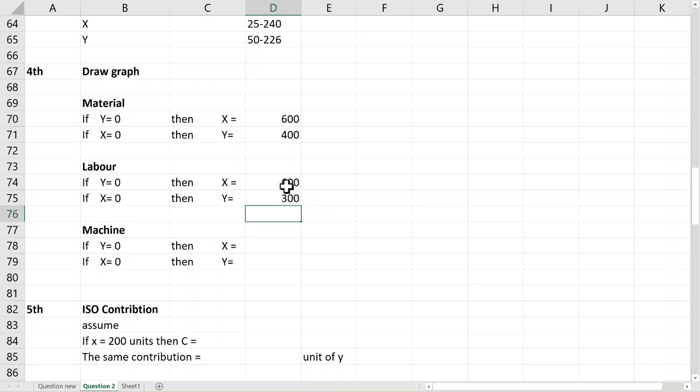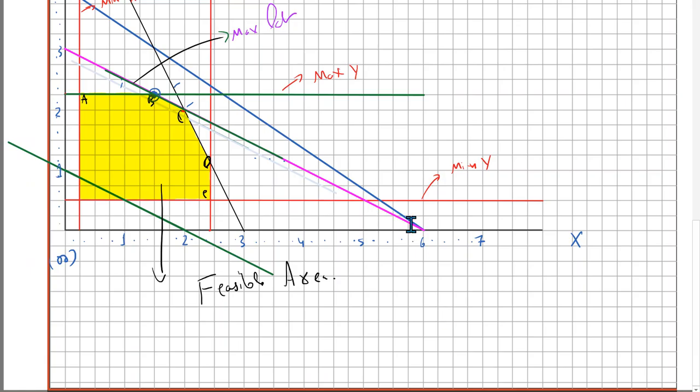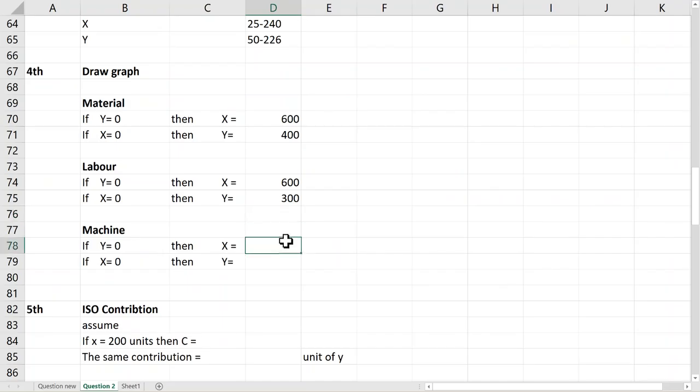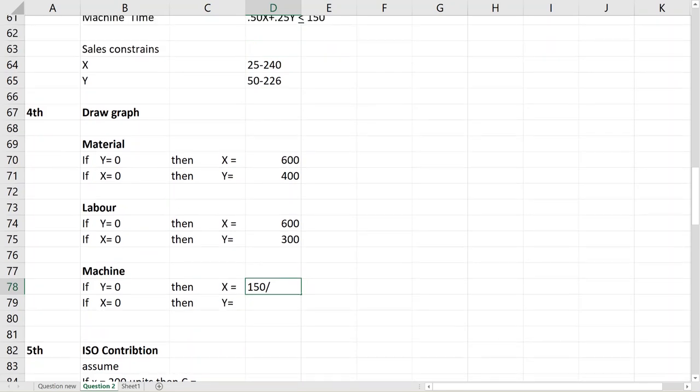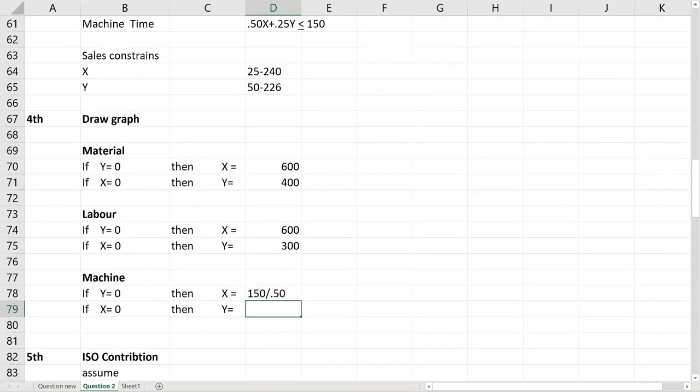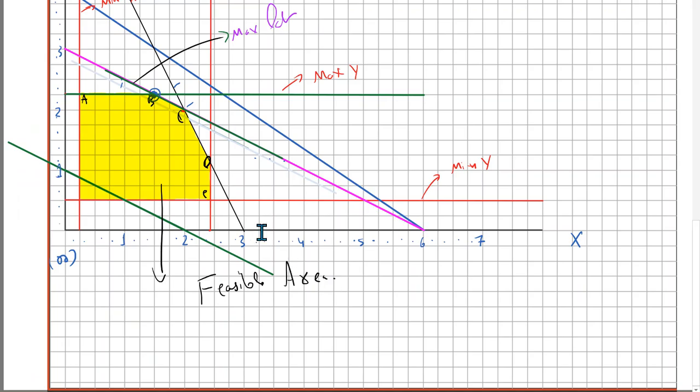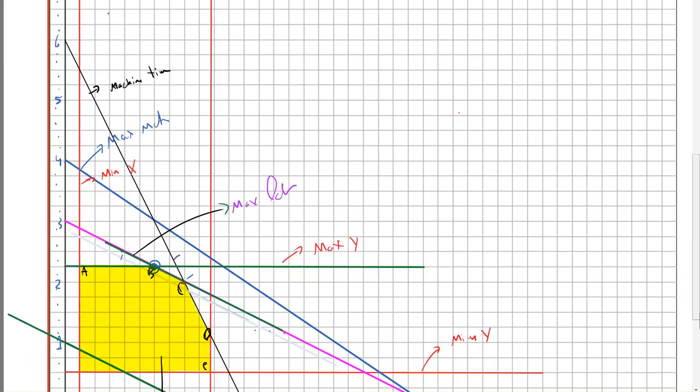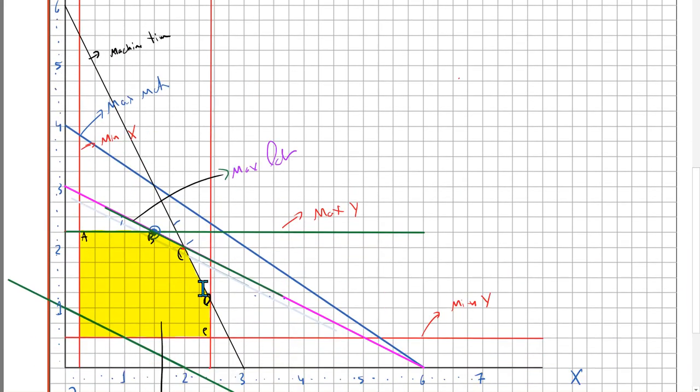So 600 units of X to 300 units of Y. And then machine time: 150 divided by 0.50 and 150 divided by 0.25. So 300 units of X to 600 units of Y. Okay, from here all the way there.